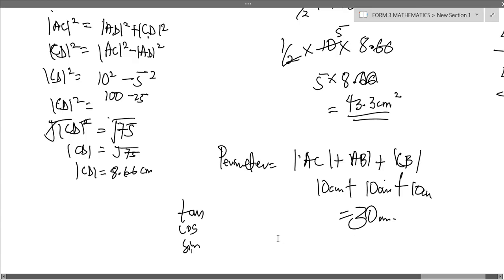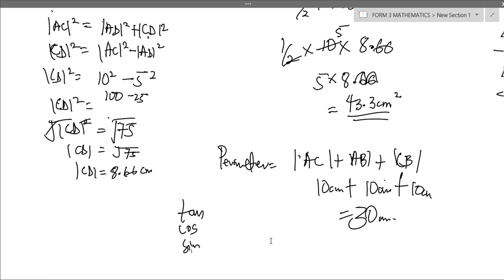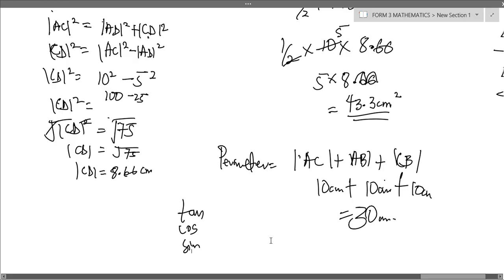Okay, so let's try and solve one of these questions. It's under the tangent of an acute angle.